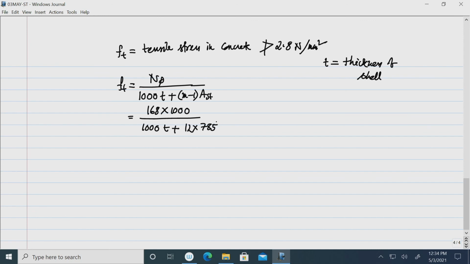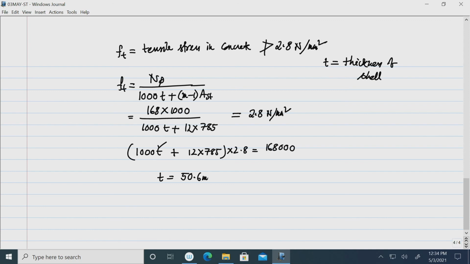This is Ft, and this should be limited to a maximum of 2.8 Newton per mm square. Now, from this equation, t can be calculated, and this unknown t is found out as 50.6 millimeter.